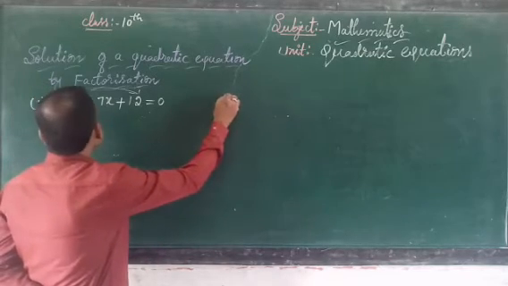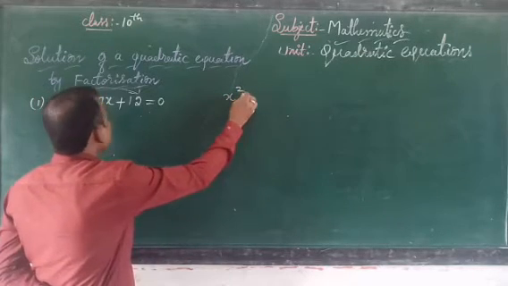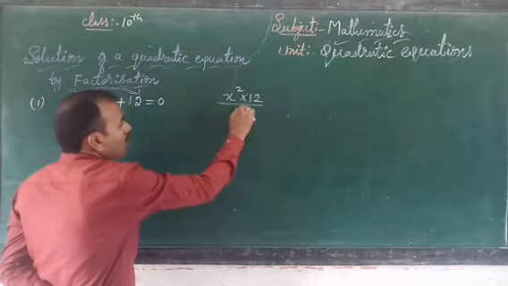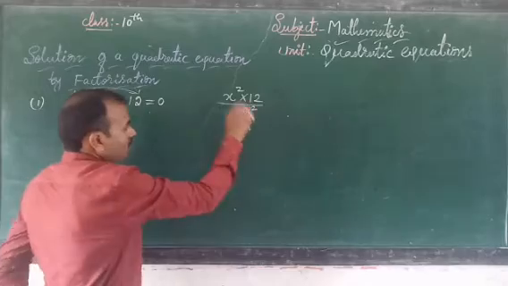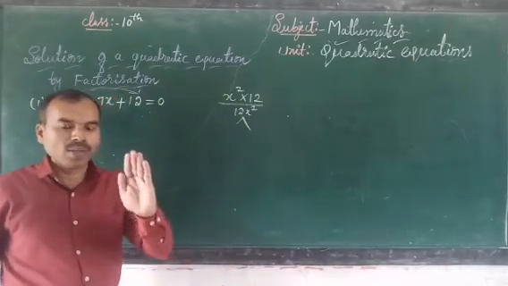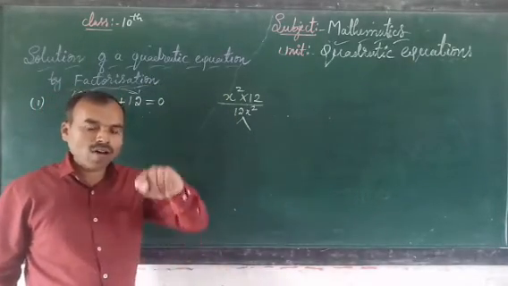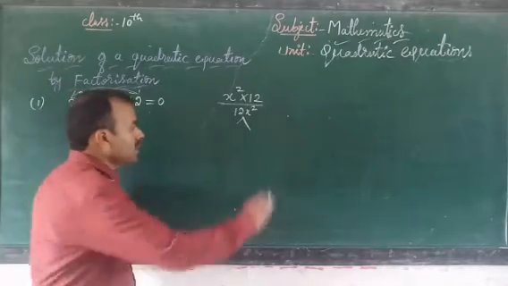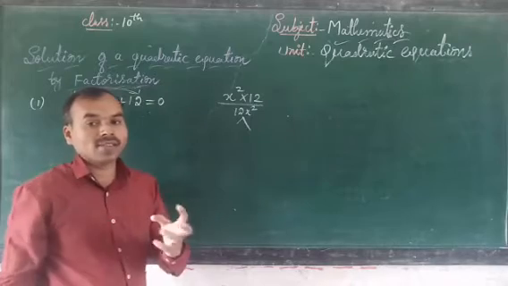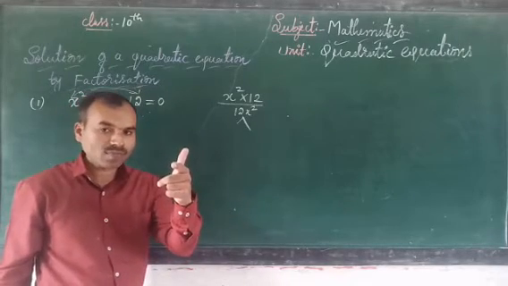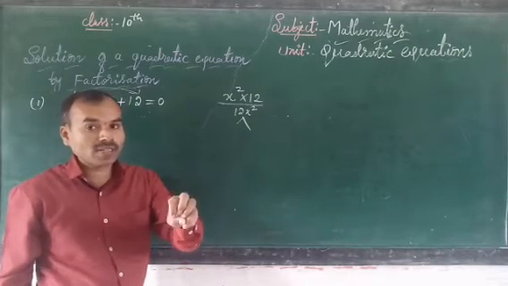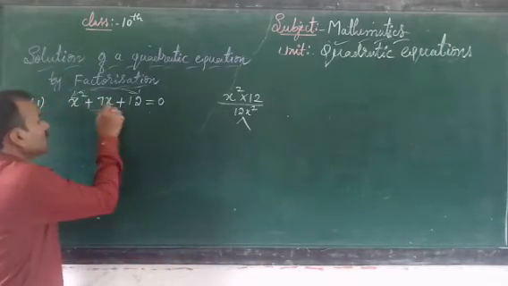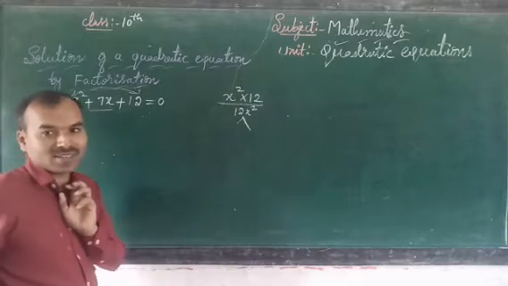First term is x square and last term is 12. X square into 12, 12x square. In the first step, we consider the product of first term and last term. In the next, we split the product as two factors. By taking those two factors, adding or subtracting those two, we have to get the middle term.